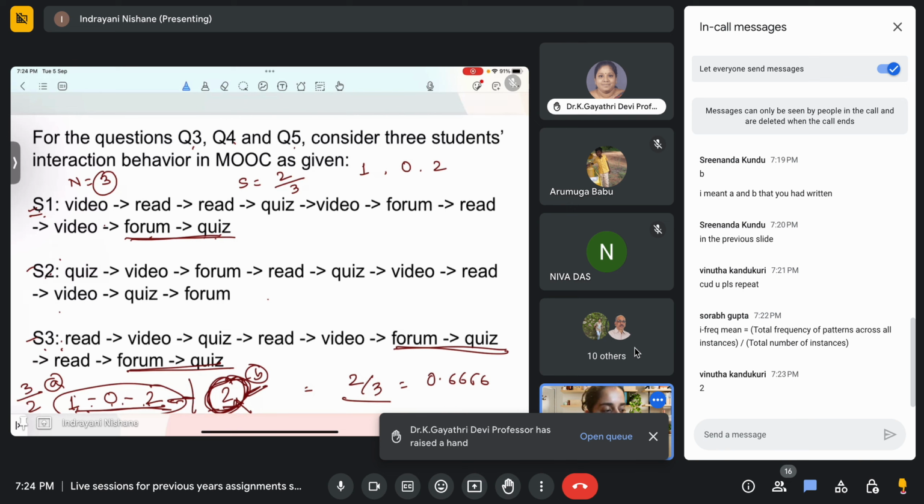So I frequency and S support are very similar. The importance of any node or action is how many times it is occurring. If one particular action sequence is occurring more times, you can't skip that transition while representing these sequences pictorially or through a state transition diagram.